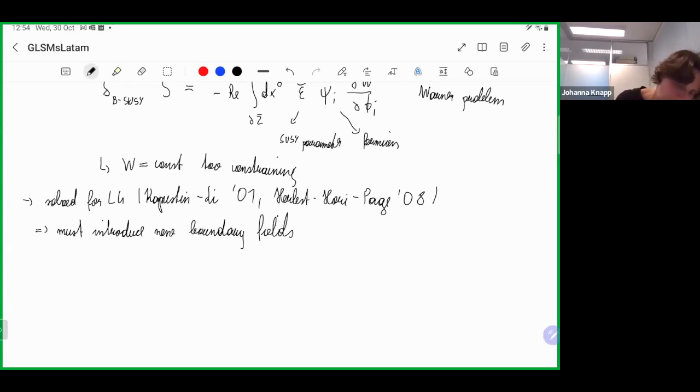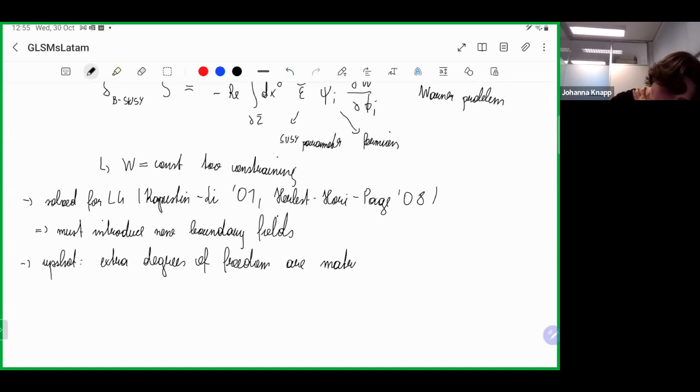So the upshot is, and this is where I want to pick up tomorrow, that these extra boundary fields satisfy something that's called matrix factorization conditions. So the extra degrees of freedom are matrix factorizations.